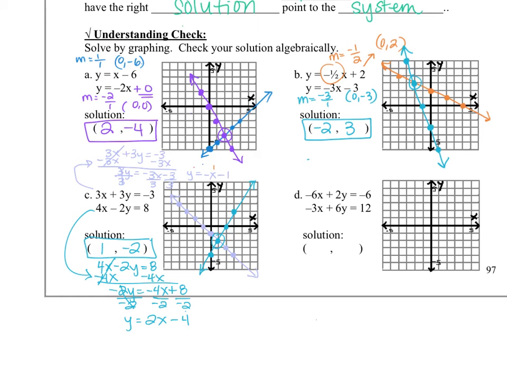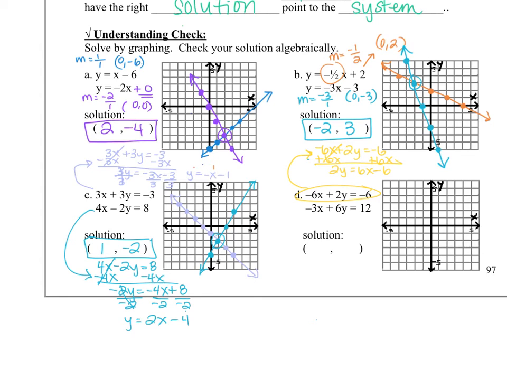Okay, last one. Let's check this last one. Hopefully we can do this one. Let's bring this one up here. Negative 6x plus 2y equals negative 6. The more that you solve for y, the easier it gets. You know you're going to move the positives. You're going to move this 6x over, and it turns positive. 2y equals 6x minus 6.